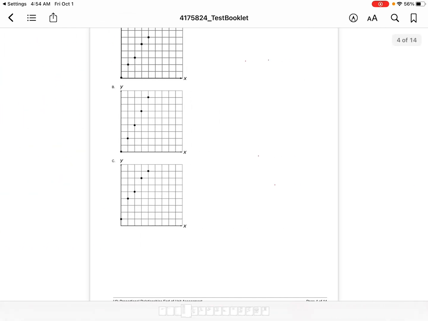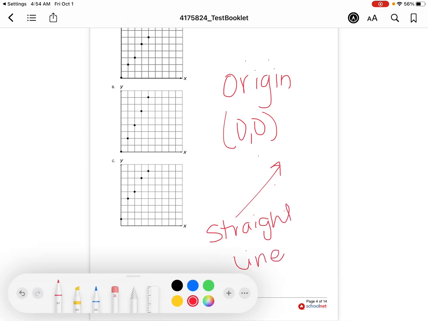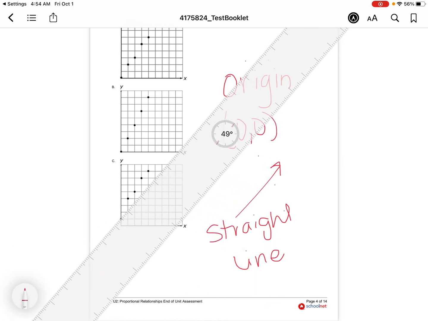The next one is the same idea. It's asking you to determine which one is proportional. So it has to go through the origin, which would be (0, 0), and it has to be a straight line. So remember, we talked about how we can use our line tool in Keynote, or in this case, I'm going to use this ruler.